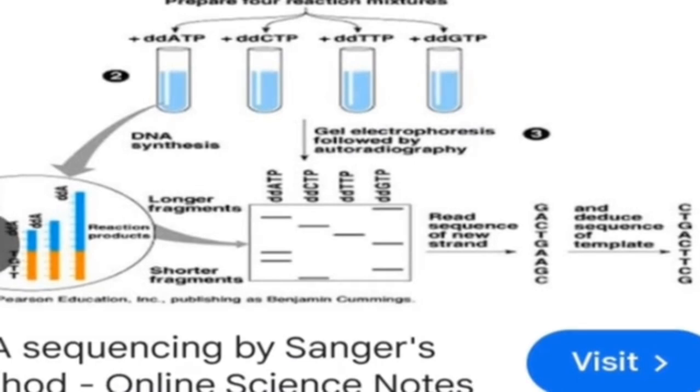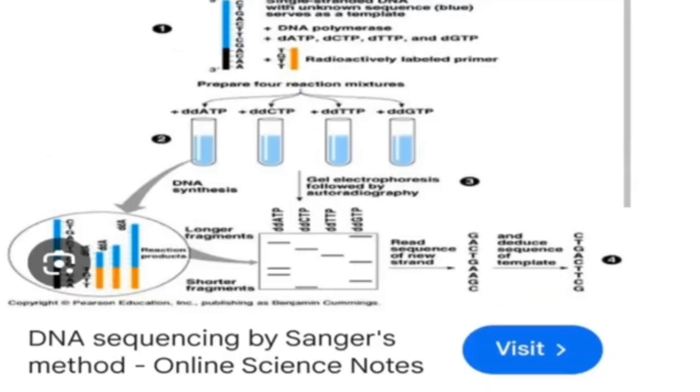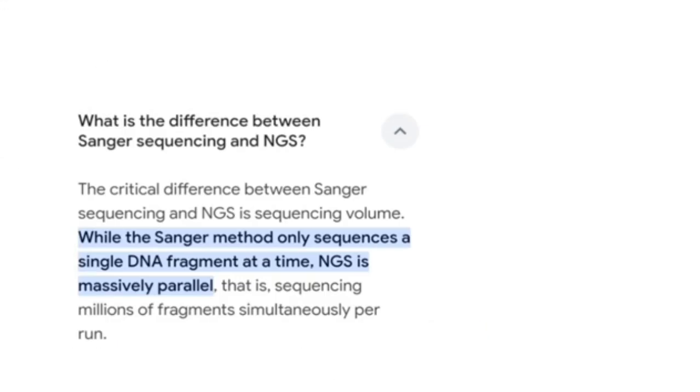Step 3 is gel electrophoresis followed by autoradiography. Then step 4 is the sequence of the templates. So you can follow that process. Just write it that way in the exam and you are done.